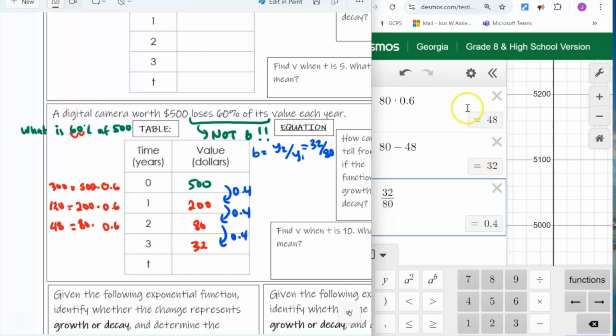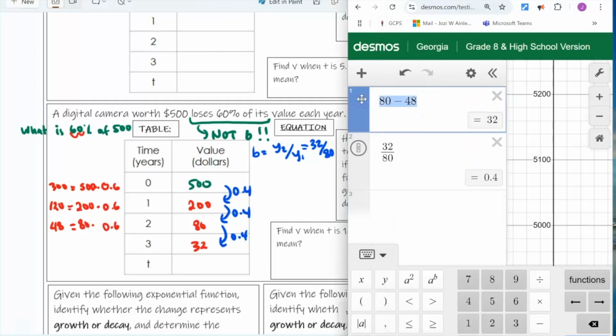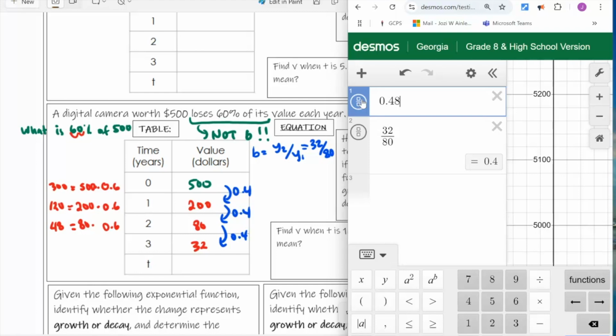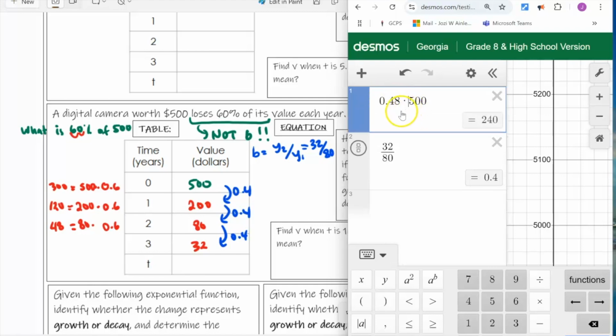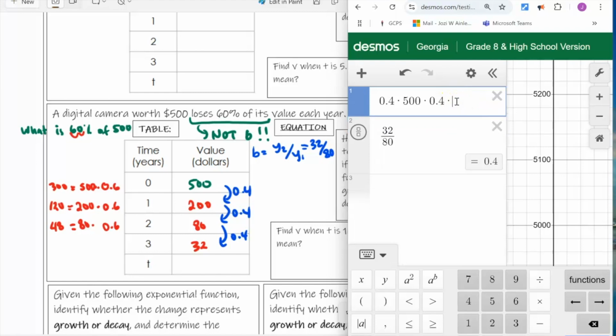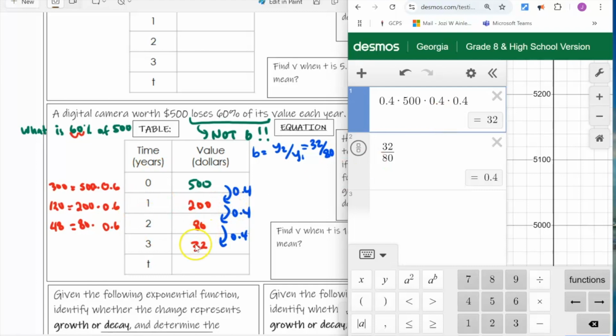I started off with 500, times 0.4. Did it give me 200? Yes. If I multiply that again by 0.4, do I get 80? I do. And finally, if I multiply by 0.4 again, I should get 32. Perfect. So we did the math correctly.